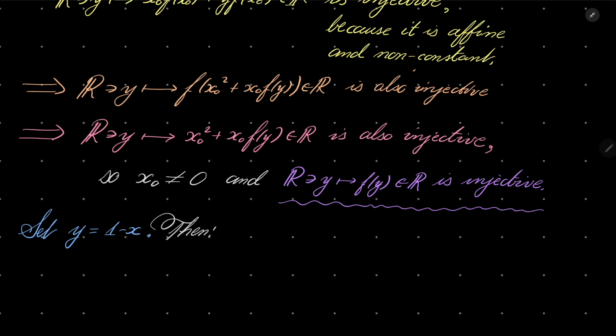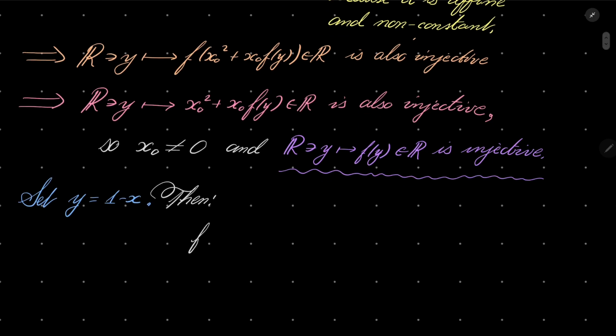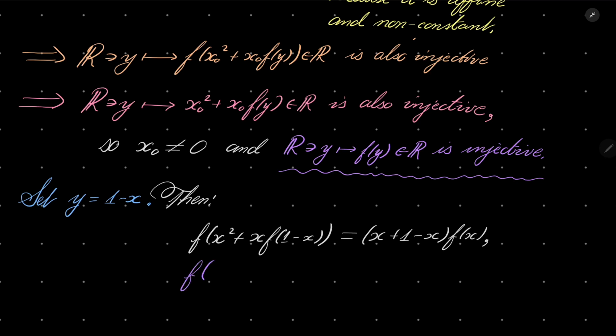Then we have the following: f of x squared plus x f of 1 minus x, because instead of y we have 1 minus x, equals x plus 1 minus x times f of x. So we have f of x squared plus x f of 1 minus x equals f of x.